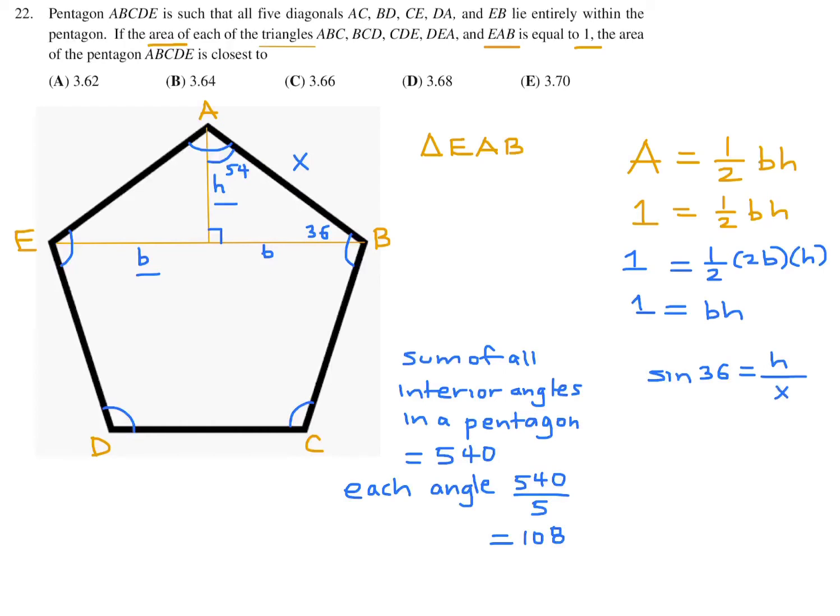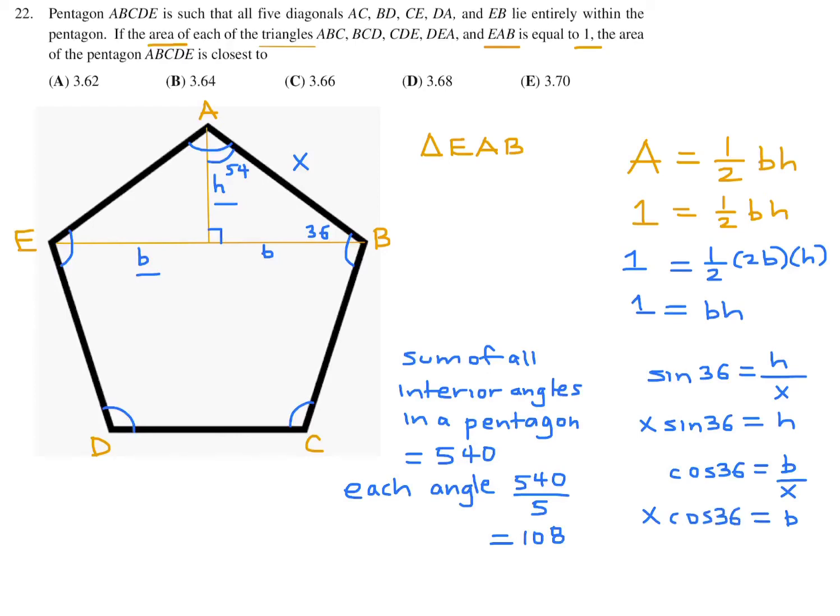Okay? And therefore, we can write this in terms of H, X sine 36. And in a very similar way, I'll use cos. Cos of 36 will be B this time, this guy right here, over X. And B, therefore, is X cos 36.